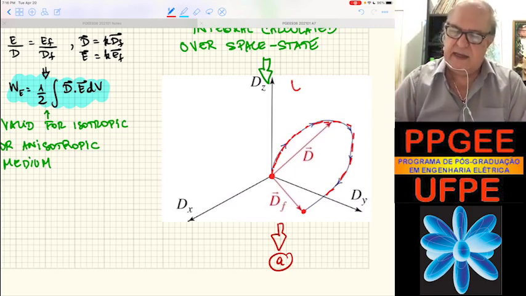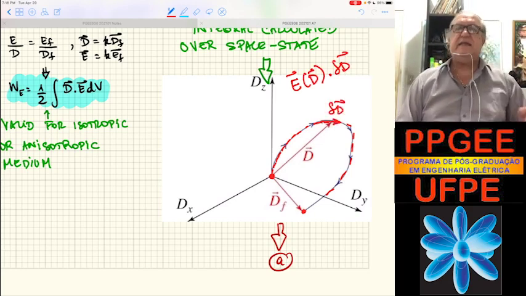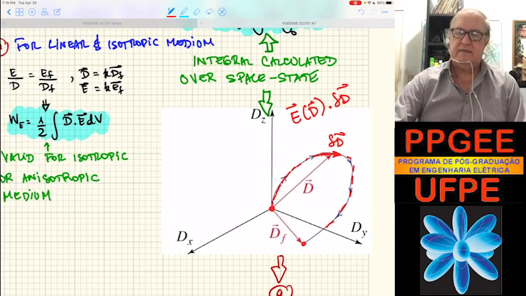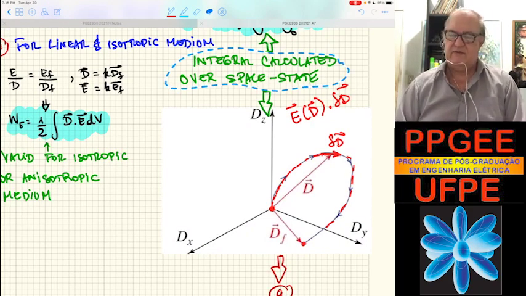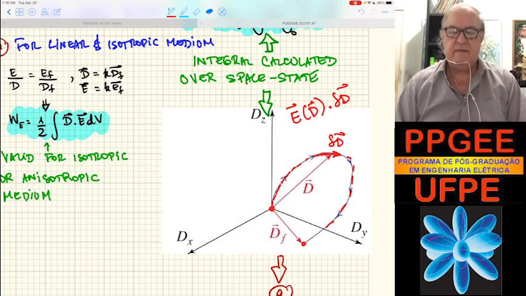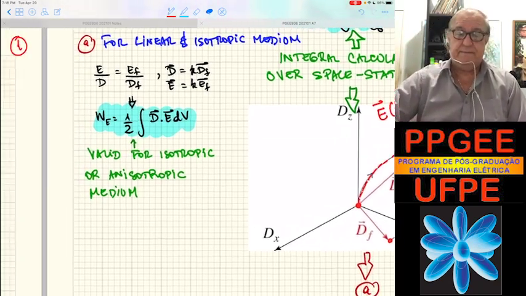We are integrating E as a function of D, where delta D is a displacement vector like here. So that's an integration over a path in the state space. That's how we have to do this integral, from the initial state to the final state, to determine the energy in general for any nonlinear system, okay?